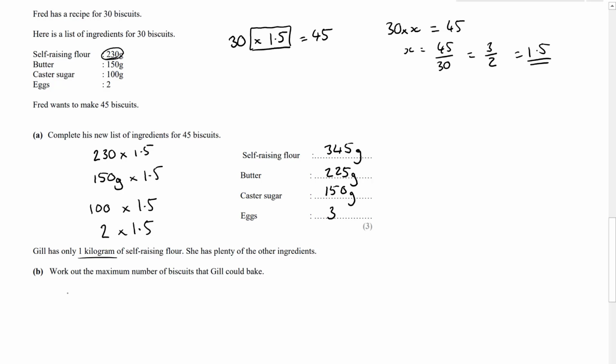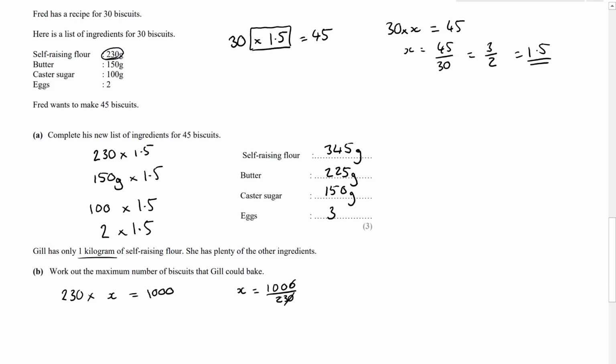So if we were to put 230 times by some value, has to give 1,000, so 1 kilogram, keeping everything in grams.